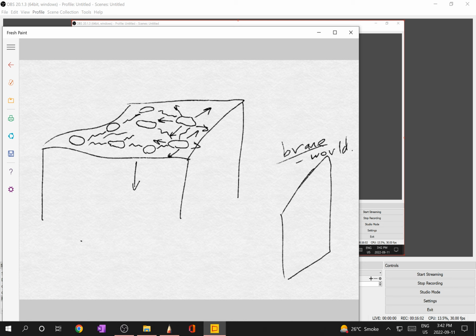Brane here is short for membrane, and we could imagine that all of our stars and galaxies and everything are actually living on the surface of some higher dimensional space.